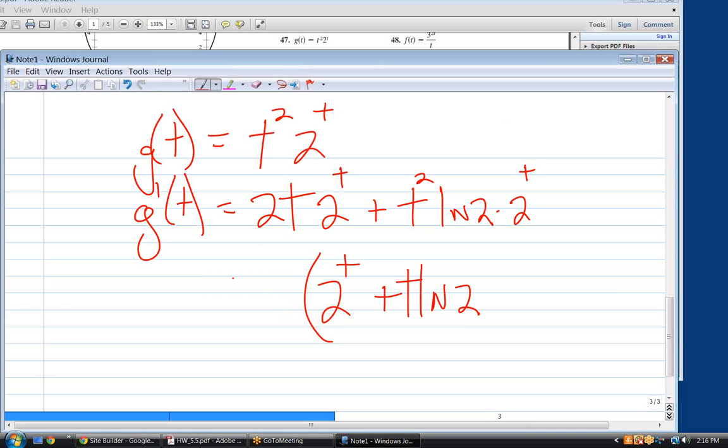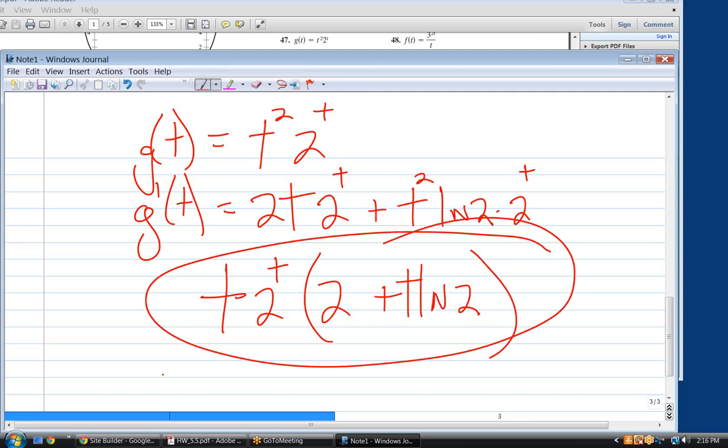I pulled out t 2 to the t, right? Which left 2 plus t natural log of 2. This should be what they give right here. That is what they gave. Okay.